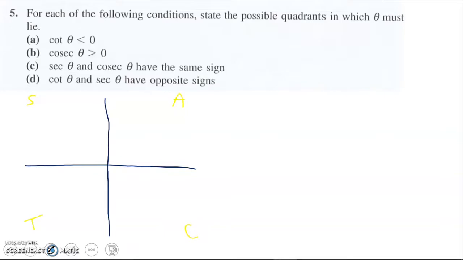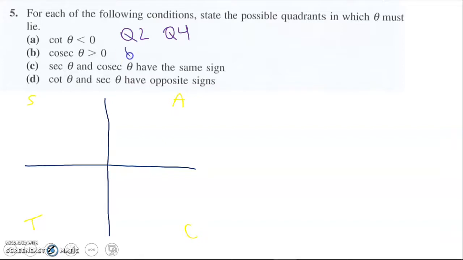Now, once you know that, this should be pretty easy. Cotangent. Where is cotangent negative? Cotangent would be negative in Q2 or Q4. So that would be Q2 and Q4.